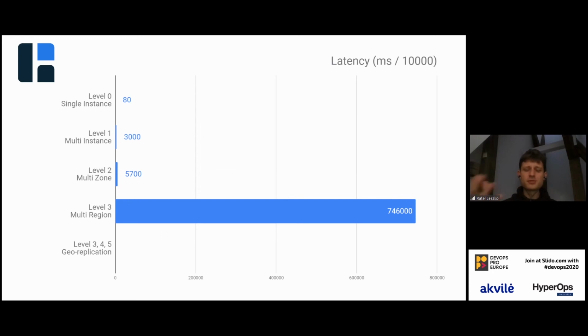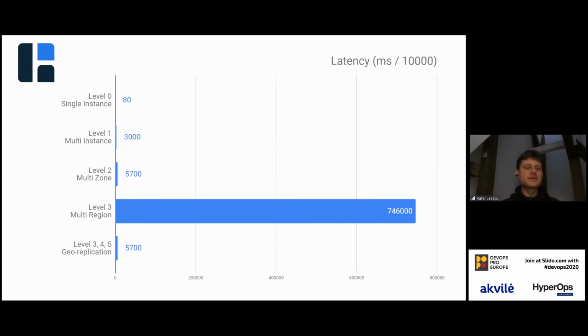That is the reason why people wouldn't set up a cluster across multiple geo regions. That is also why you cannot spin up a Kubernetes cluster across multiple regions. While with geo-replication, obviously the latency will be the same as multi-zone, because we pass everything asynchronously.